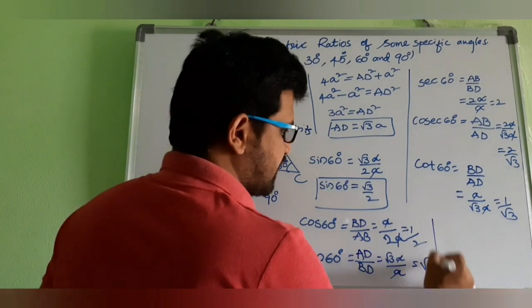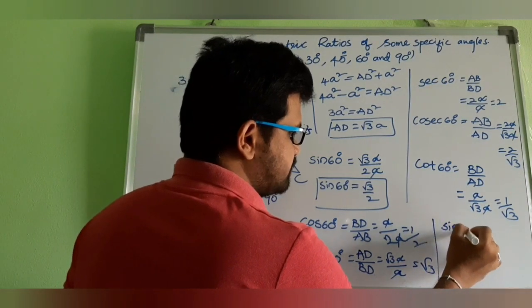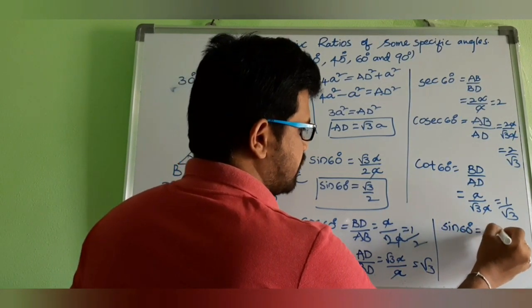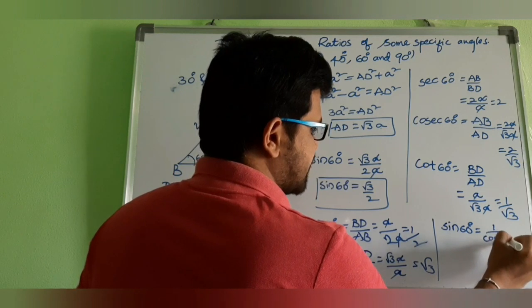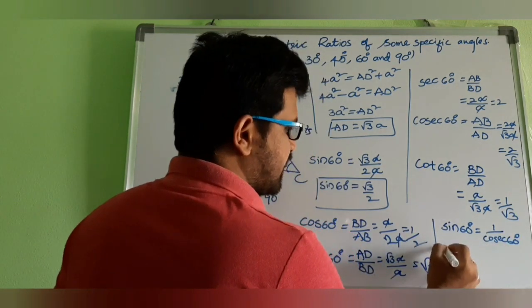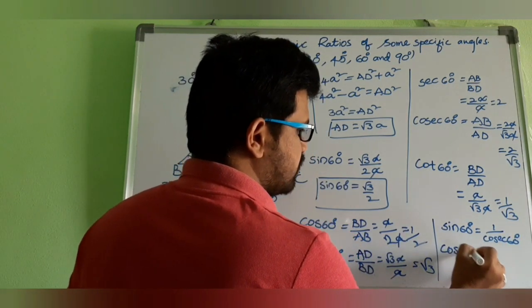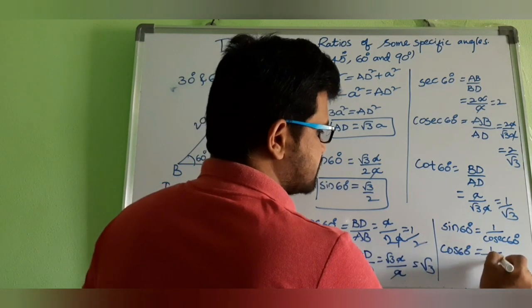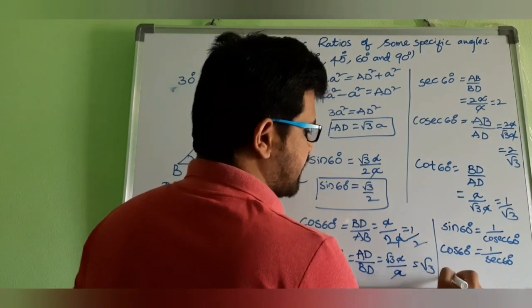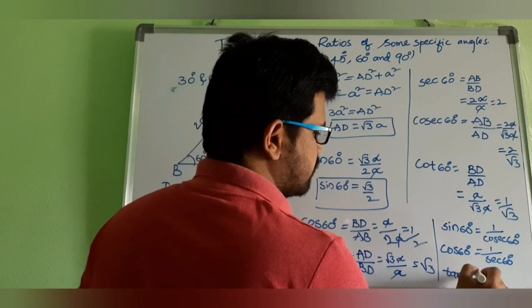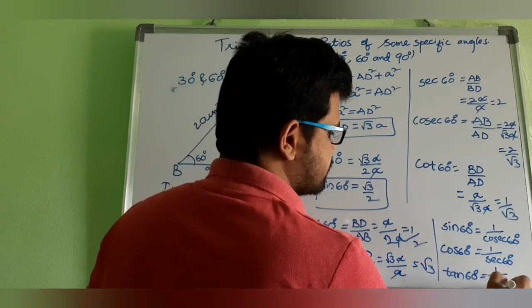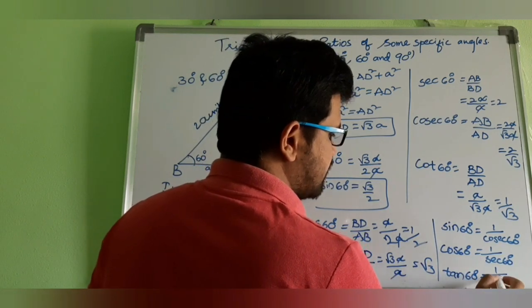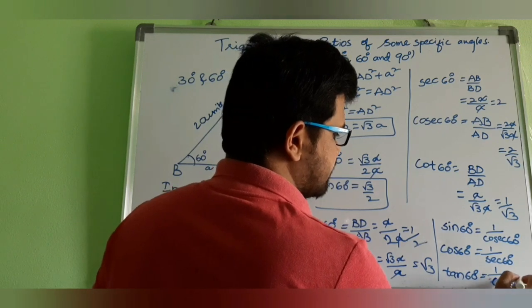That is, we can write that sine 60 degrees is equal to 1 by cosec 60 degrees. And cos 60 degrees is equal to 1 by secant 60 degrees. And tan 60 degrees is equal to 1 by cot 60 degrees.